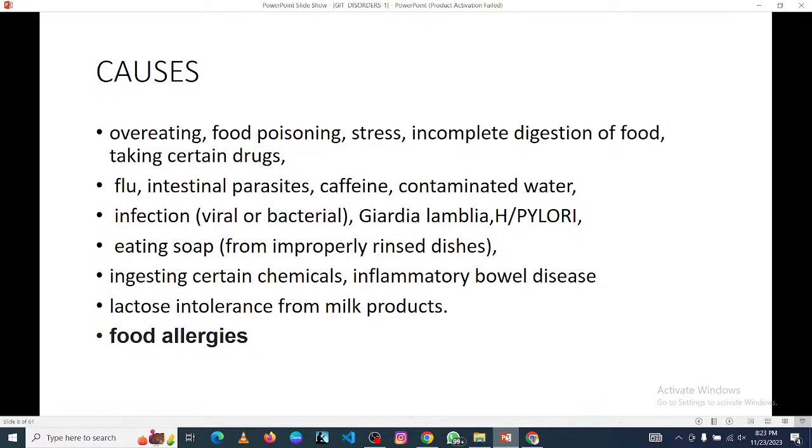Caffeine, contaminated water, infection, whatever type of infection. H. pylori as well can cause diarrhea. Eating soap, ingesting certain chemicals, and some diseases like inflammatory bowel disease, lactose intolerance from milk, and some food allergies can cause someone to have diarrhea.